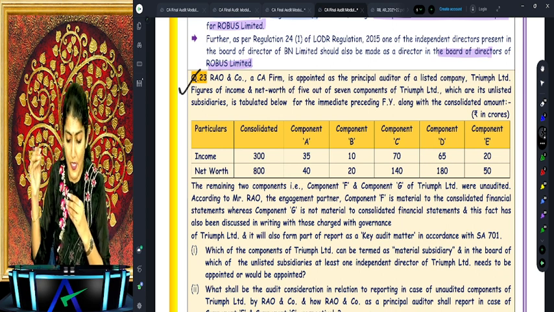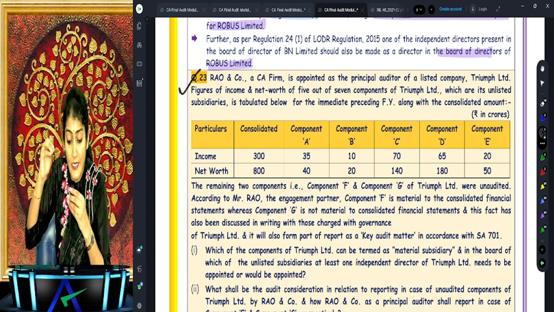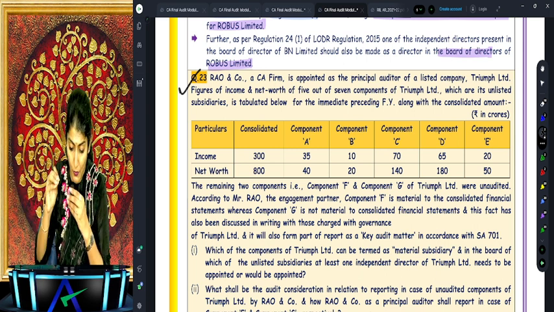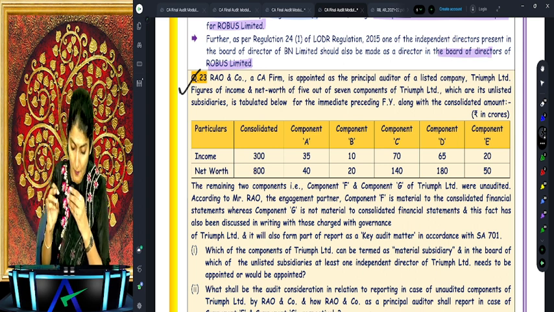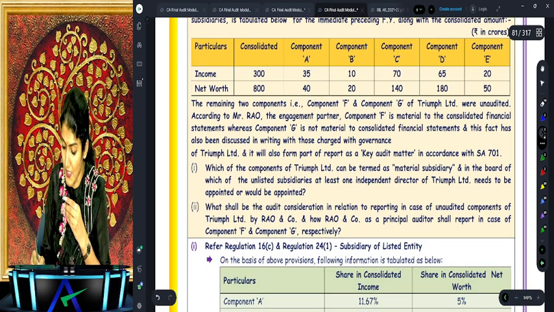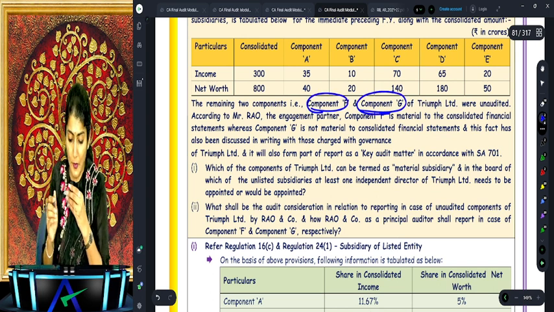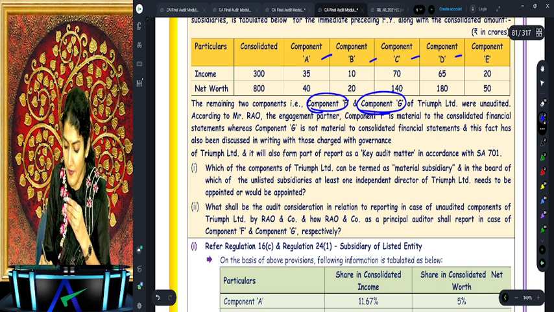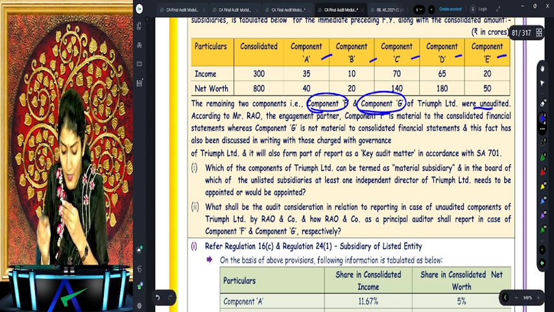Figures of income and net worth of 5 out of the 7 components of Triumph Limited, which are its unlisted subsidiaries, are tabulated below for the immediately preceding financial year along with the consolidated amount. The remaining two components, component F and component G of Triumph Limited, because here they are talking about A, B, C, D, E, and then they are saying component F and G, were unaudited.